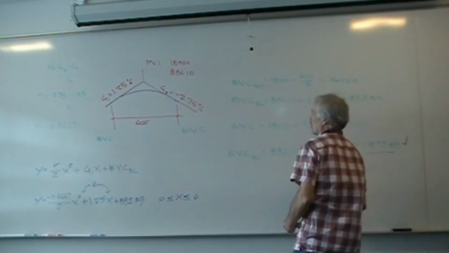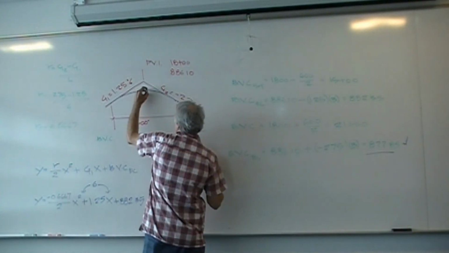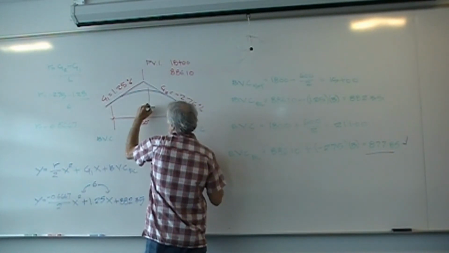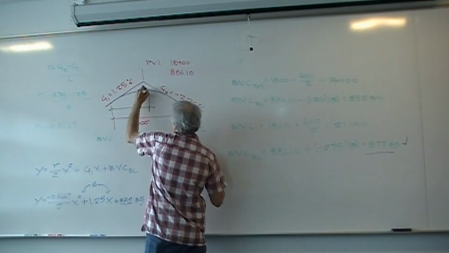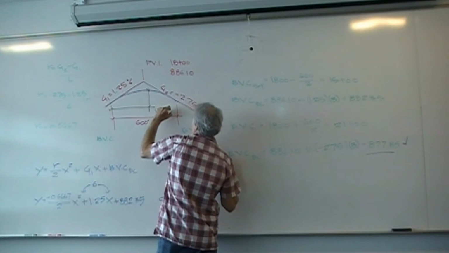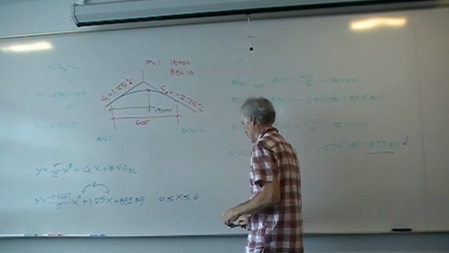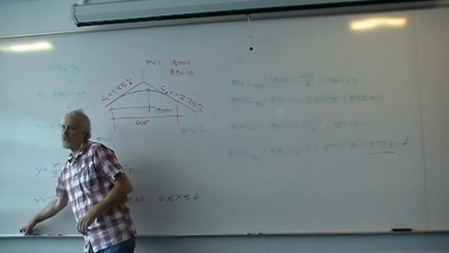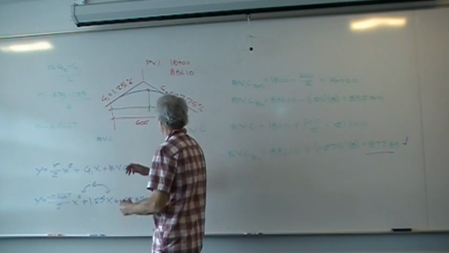So if you were told that you wanted to get this station right here, and let's say this station is at 19 plus 00, we want to know what the elevation of that is. All we would need to do is calculate this value of x.